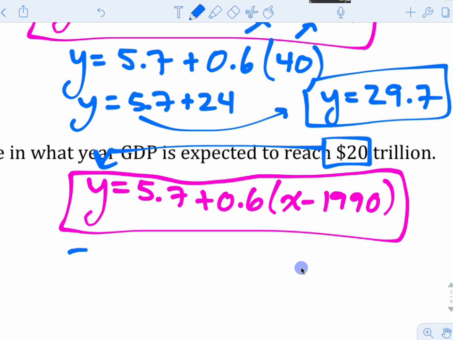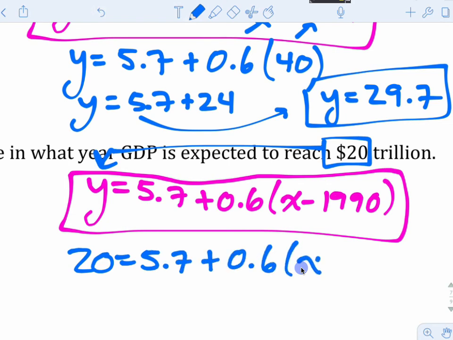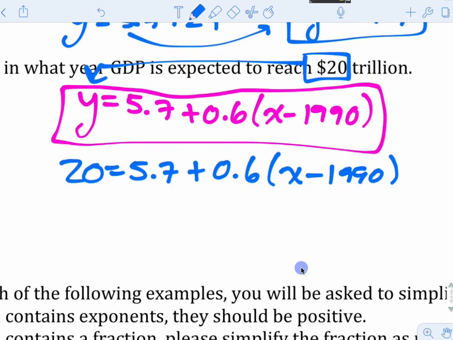So we end up with 20 equals 5.7 plus 0.6 times the quantity of x minus 1990. All right, so this might get a little sloppy, but hey, I would let you use a calculator for this. So let's see, I'm going to subtract 5.7 from both sides. We end up with 14.3 equals 0.6 times the quantity of x minus 1990.